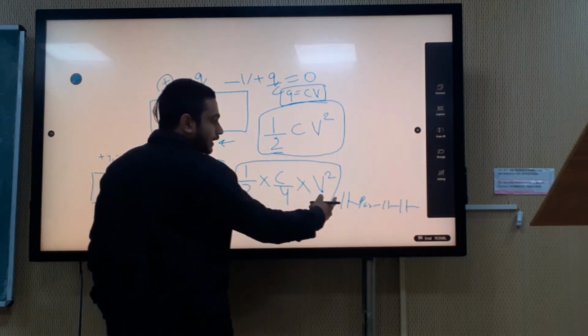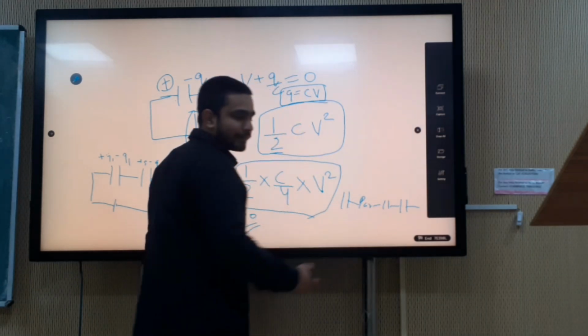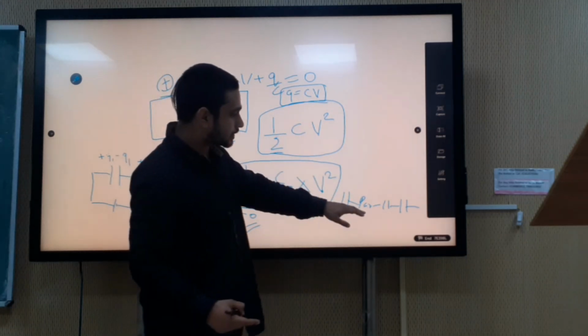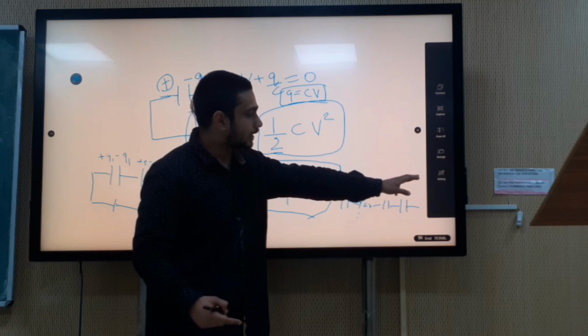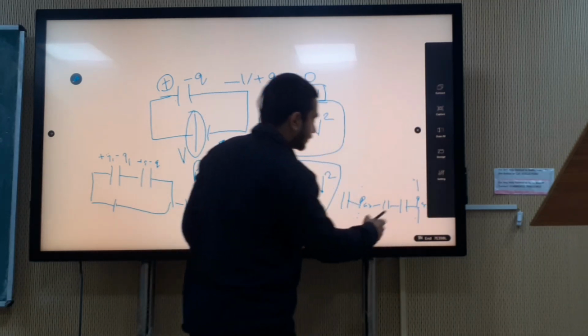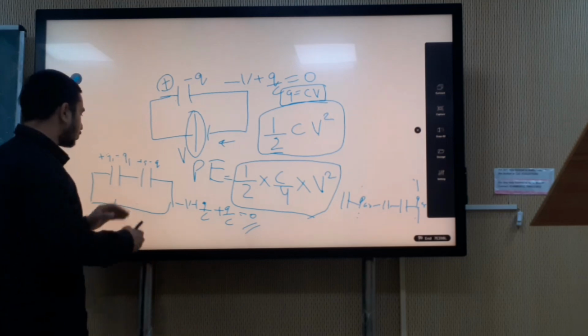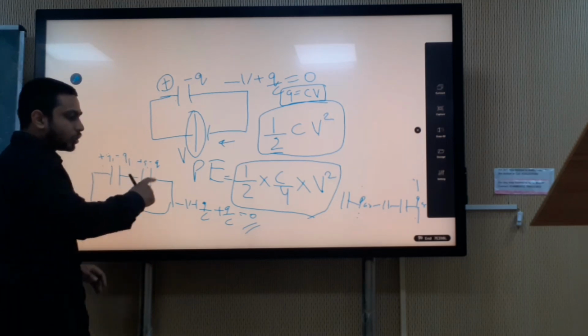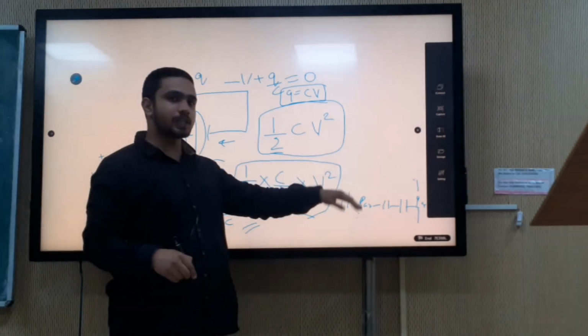This and this capacitor will have the same charge. This and this capacitor will have a different charge, and if they are in parallel, they have different charges. But if they are in series, then the same charge will be there, plus Q minus Q plus Q minus Q. If they are in parallel, then the potential will be the same.